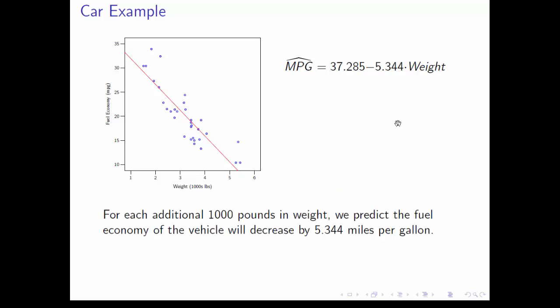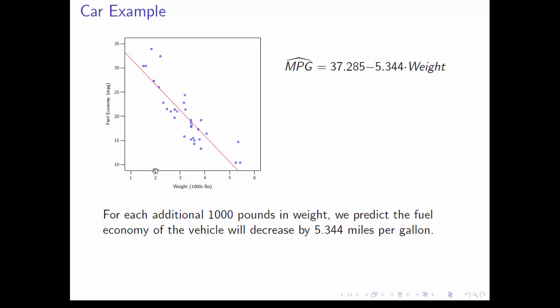But getting back to the example, the slope on this line is negative 5.344, which means that for every unit increase in the x, I get this much decrease, because it's negative, in the fuel economy in the y.